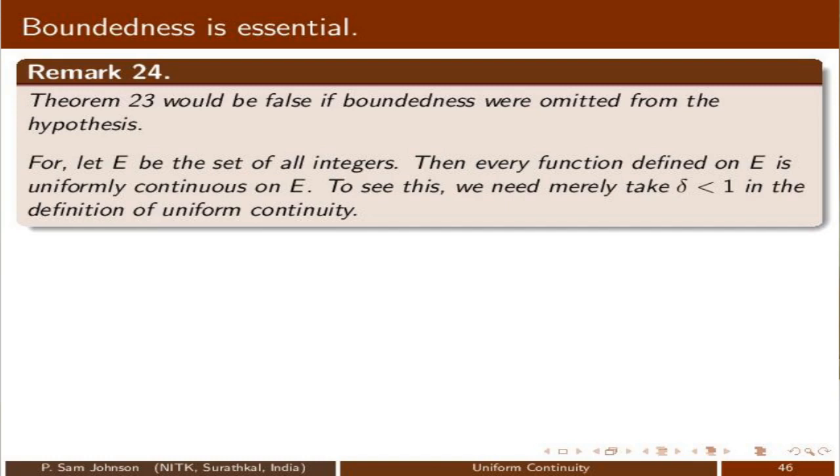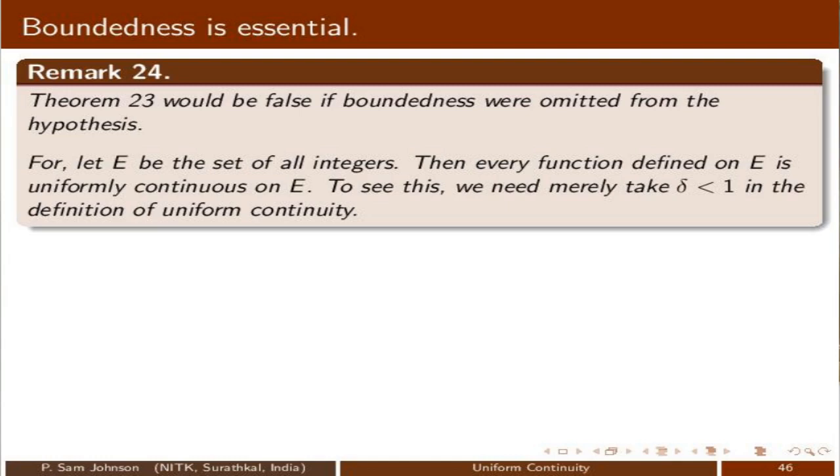It may happen that on an unbounded set, every continuous function is uniformly continuous. So this is an example: you take the set of integers, which is a subset of the set of real numbers, with the usual metric, the usual distance.